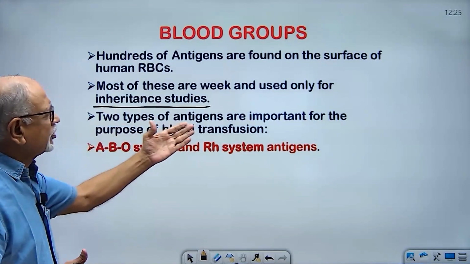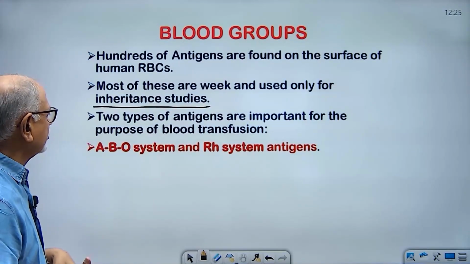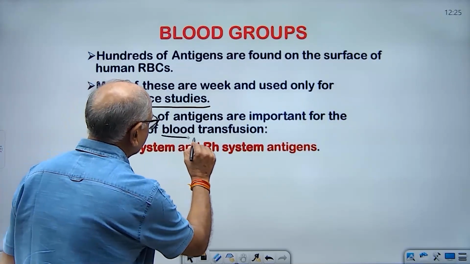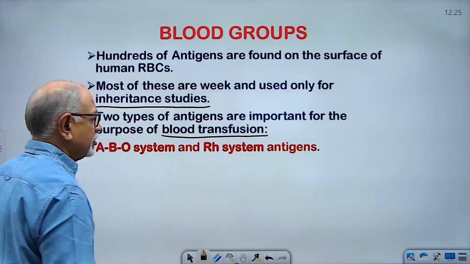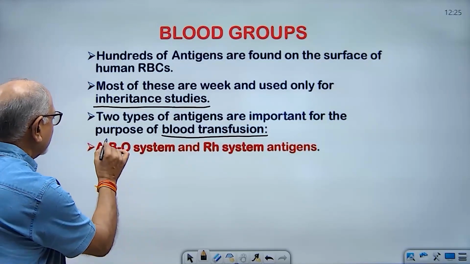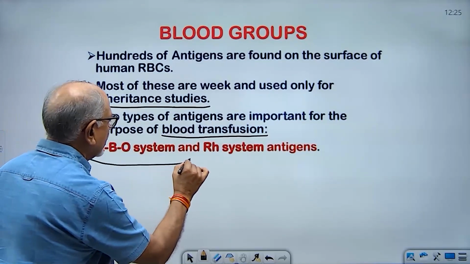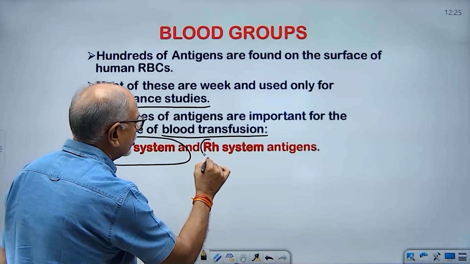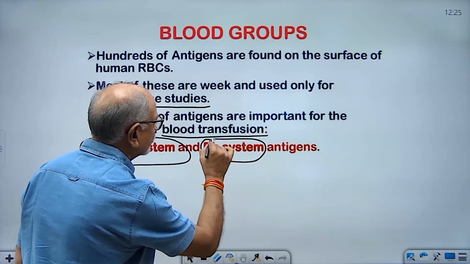But two types of antigens are important for the purpose of blood transfusion. These are the ABO system and the RH system.